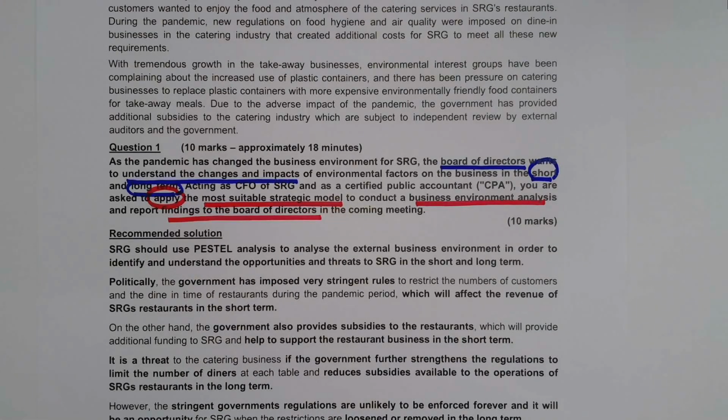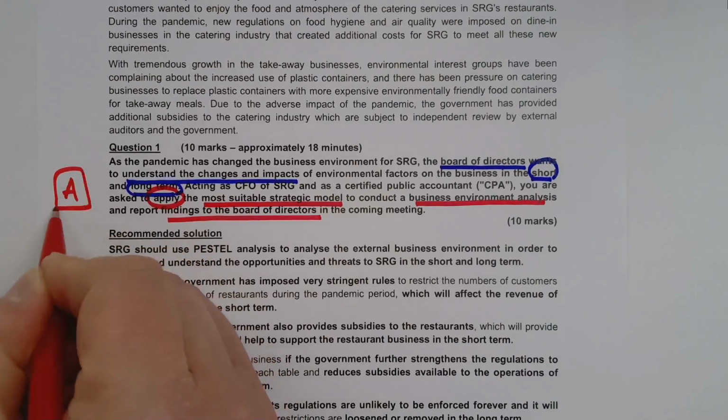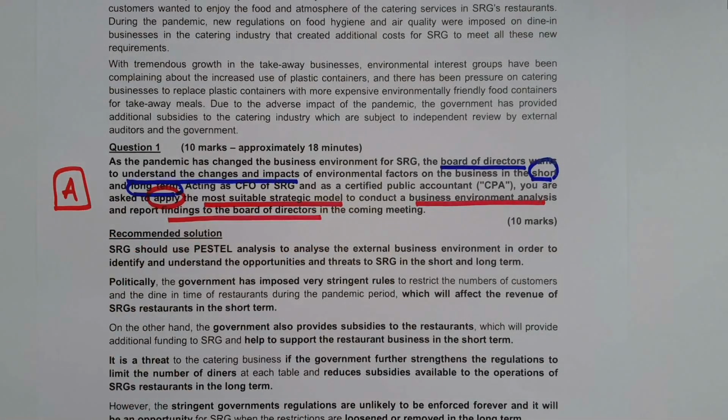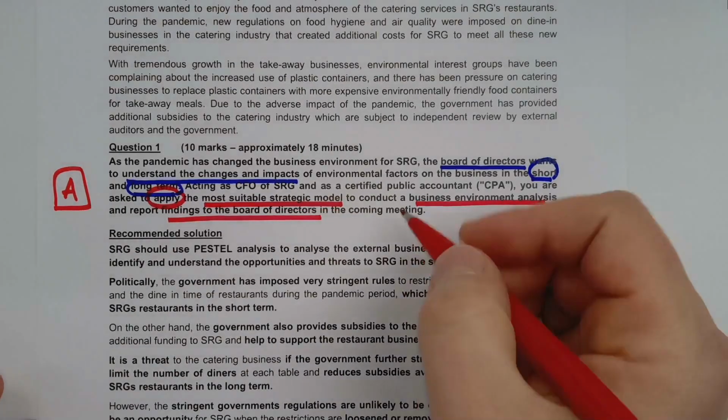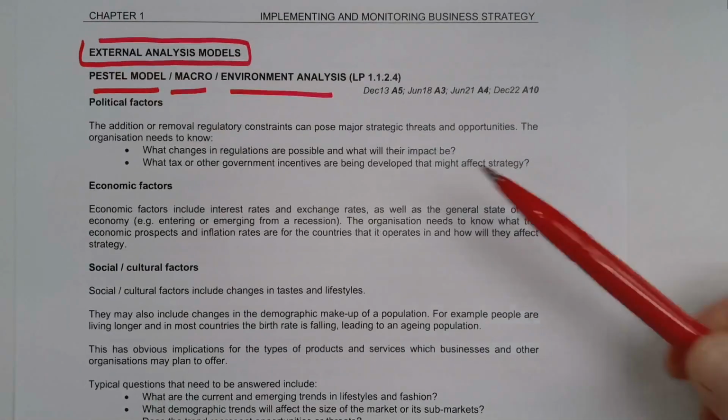Now, to get the suitable model, and they've done this many, many times, here's what you guys need to do. The first thing you need to do is look to see, is there any hint or is there any tip in the requirement? So the hint, the tip here is that business environment analysis. So we should know by going back to our models, if we go back here, back to our PESTEL, look, here it is.